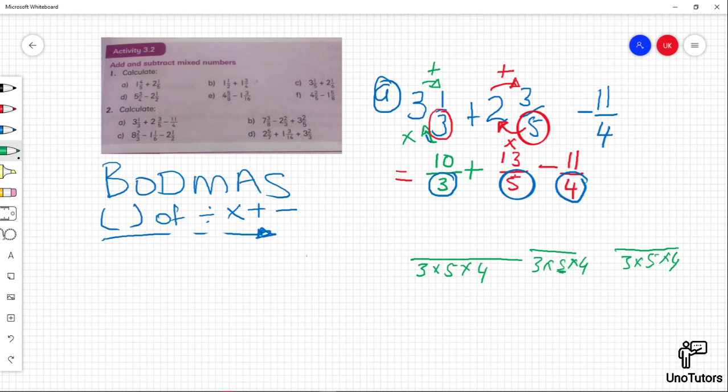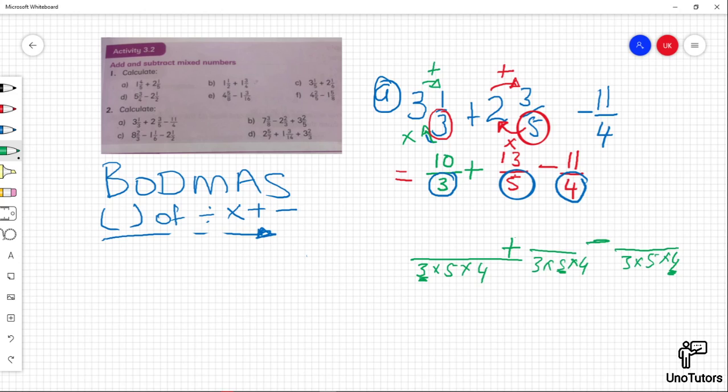Here we had the 5, here we had the 3, and there we had a 4. So 15 times 4 is 60.